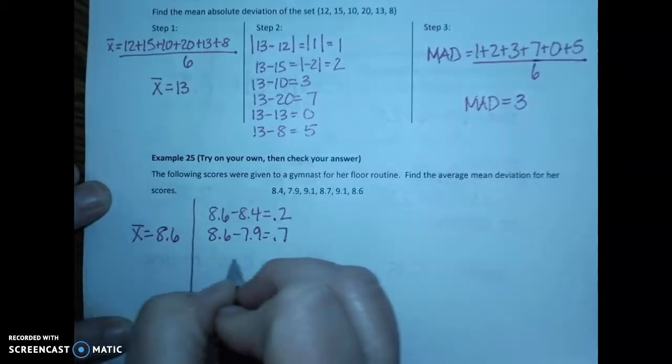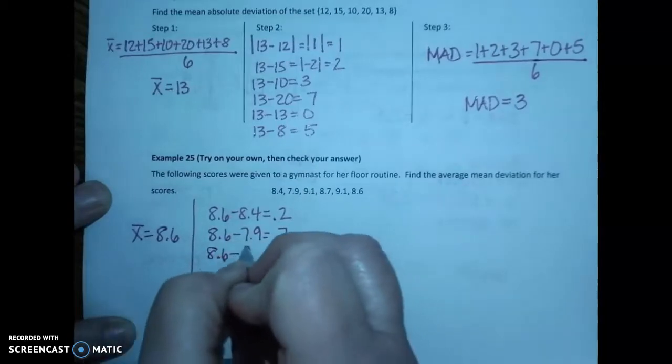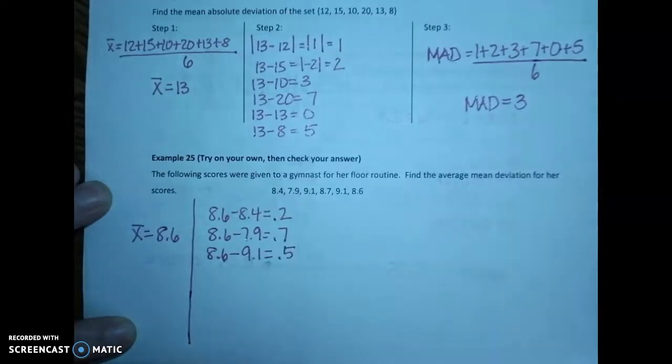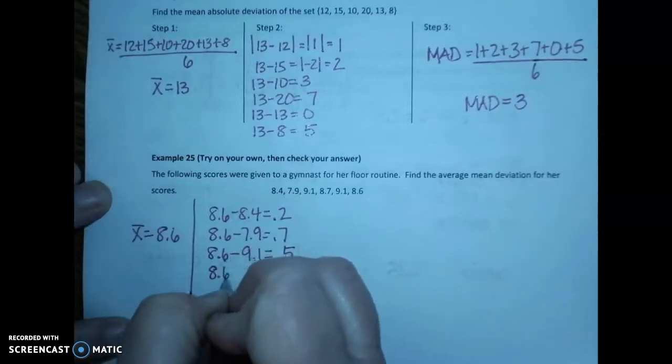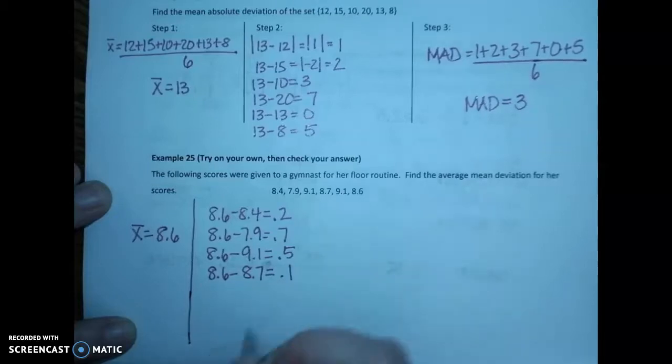Remember, I'm ignoring any negative signs that come up. I got 8.6 minus 9.1 would be a negative 0.5, but I'm talking distance, so I'm just going to make it be positive 0.5. 8.6 minus 8.7 equals 0.1.